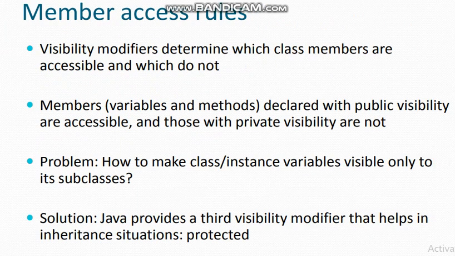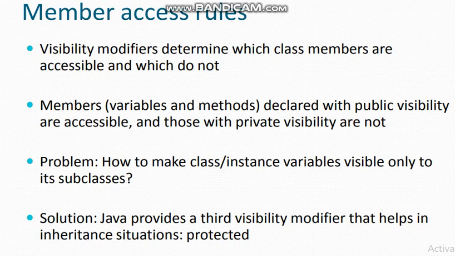When you go with the member access rules, one thing needs to be declared, that is the visibility modifier. It determines which class members are accessible and which are not. Till now we have seen only two access modifiers, public and private. Members, variables and methods declared with public visibility are accessible.